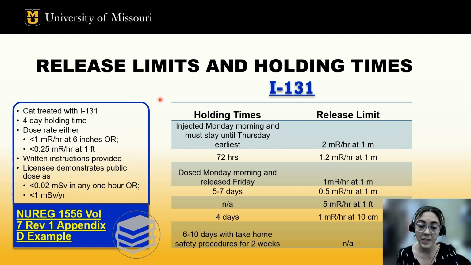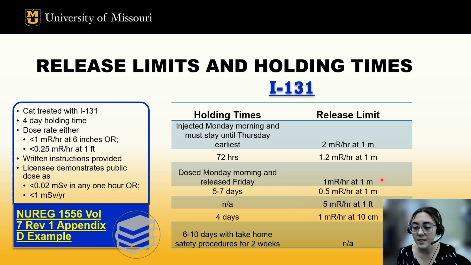Comparing this to the survey results, we see that the holding times vary very much compared to the guidance document, anywhere between just not having any holding time requirements all the way up to 10 days, depending on the procedure and the specific circumstances. And then you can see that the dose rate release limits are anywhere between 0.5 millirem per hour all the way up to 5 millirem per hour.